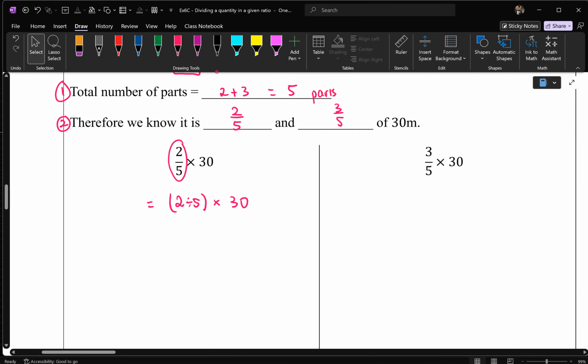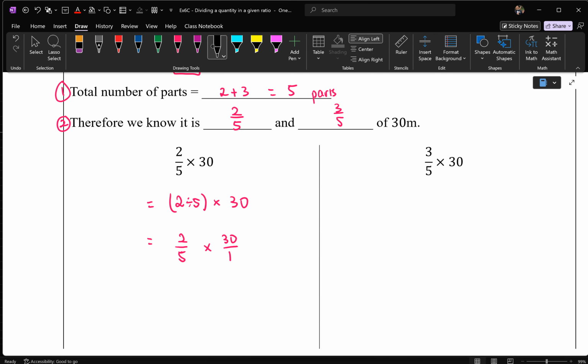For those who aren't using a calculator, if you want to do it by hand, one of the things we can see is 2 over 5 times 30 over 1, because 30 as a fraction is 30 over 1. And there's a common factor that we can simplify. What number goes into 5 and 30? They both have a common factor of 5.